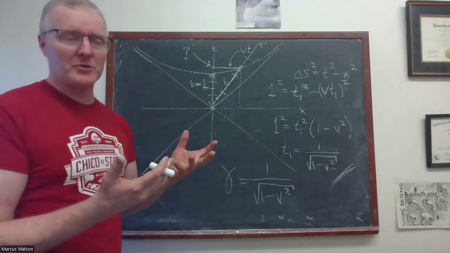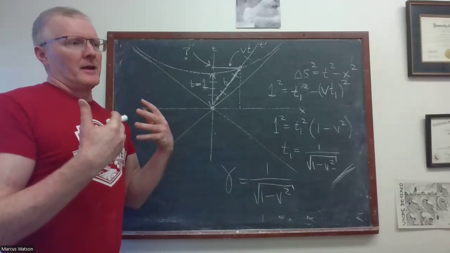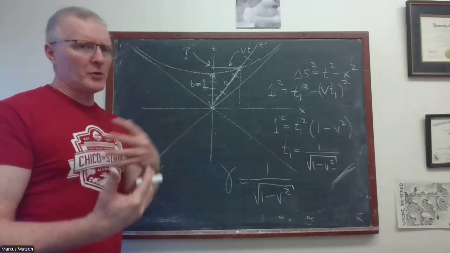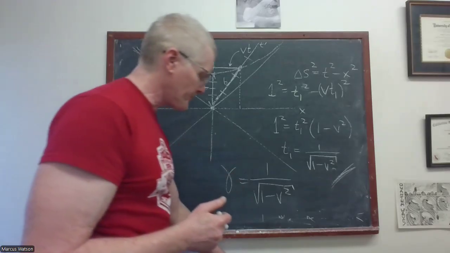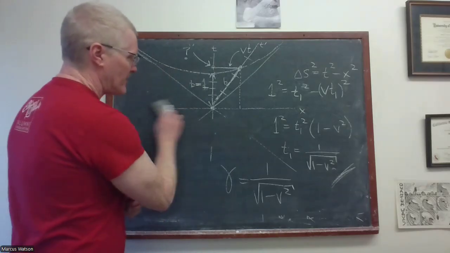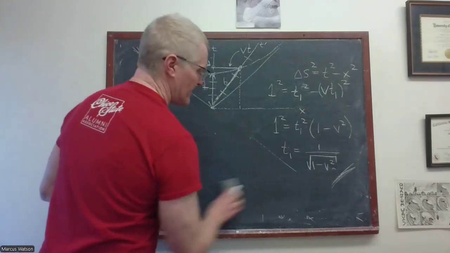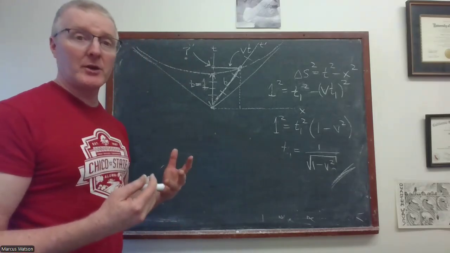There's a set of mathematical transformations, and I'm not really going to use these a whole bunch, but I do want to make you aware of them. They're called the Lorentz transformations, and they represent the update to the Galileo transformations.